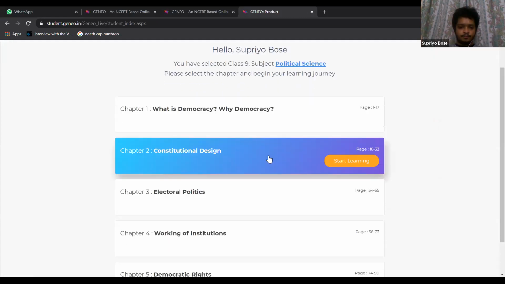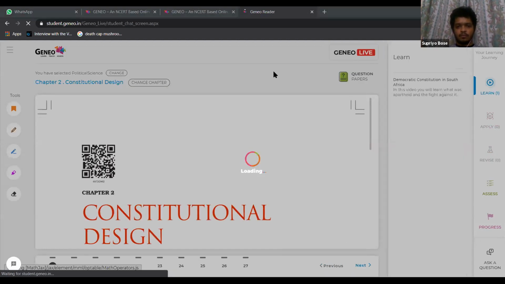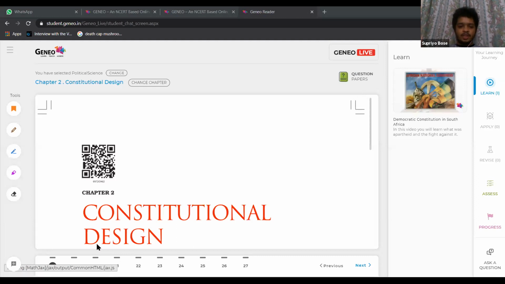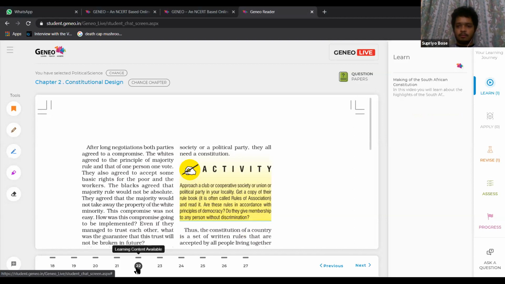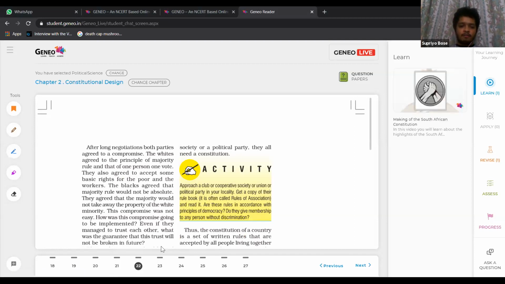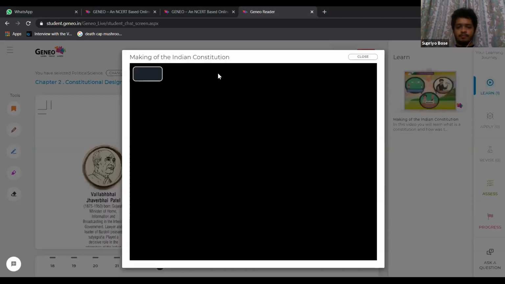So, talking about the constitutional design, let me show you something very interesting. Okay, so let me show you something which is much more exciting about the Indian Constitution. Come on. Making of the Constitution. Let's see one more thing. Making of the Indian Constitution.